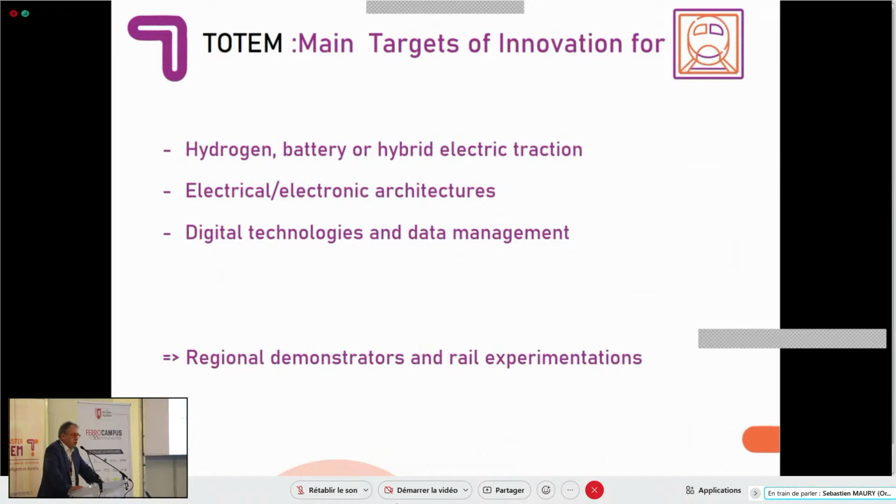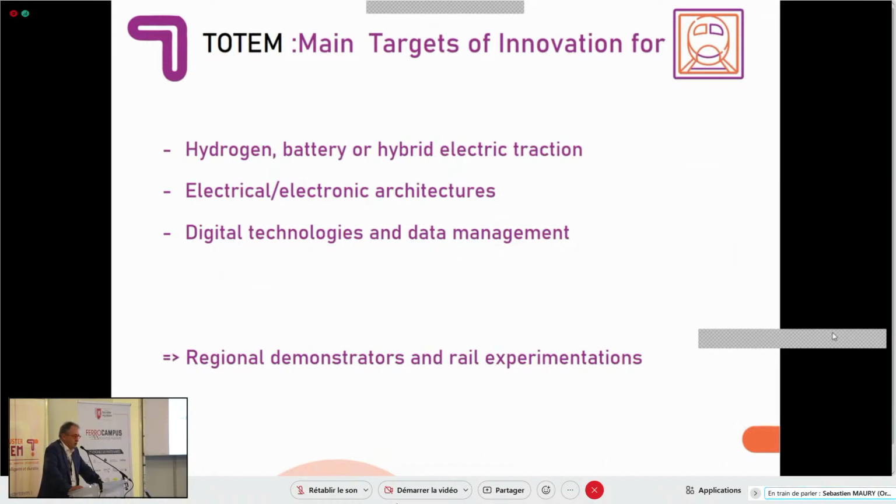The second point is the history of the region, with the electronic for aerospace, for avionics, but also for aeronautic and railways: electrical and electronic architectures, and of course at the end system and devices for electronic embedded system.